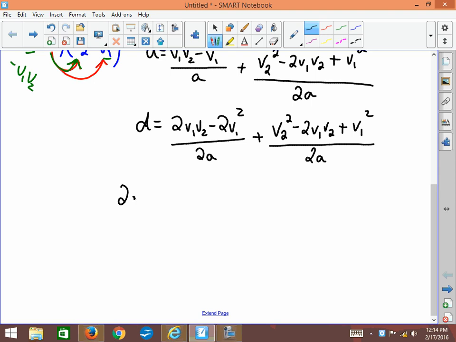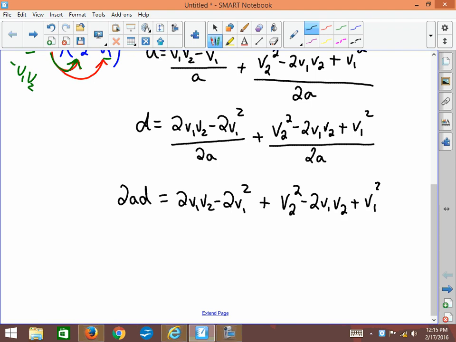So 2a on this side becomes 2a times d, and when you multiply 2a times the other side, all these little terms just become, the fractions disappear, in other words. So we get this. Okay, so far so good.